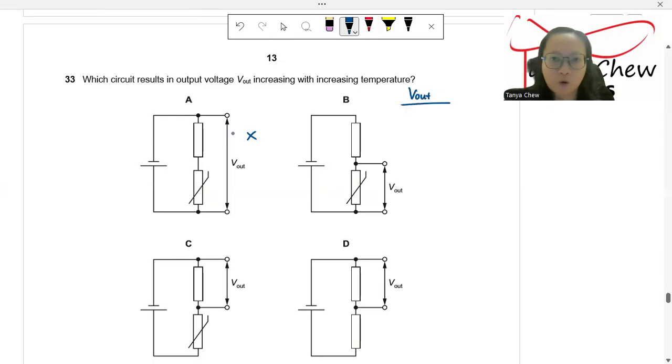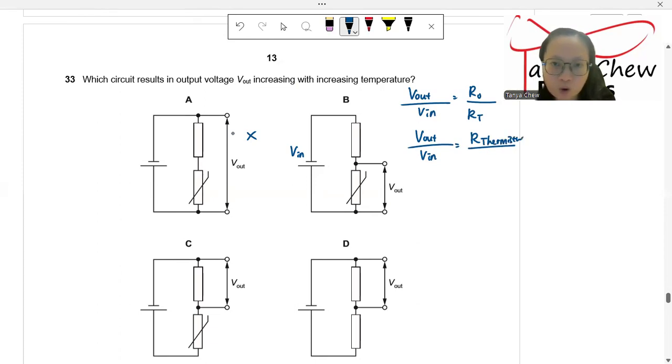V output over V input is equal to R output over R total. Here R output is the R of the thermistor, and R total is the R of the thermistor plus the load resistor.